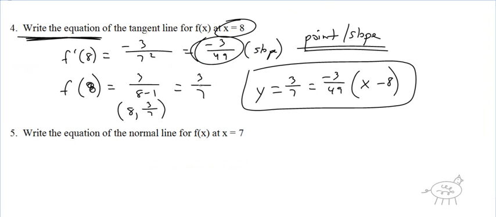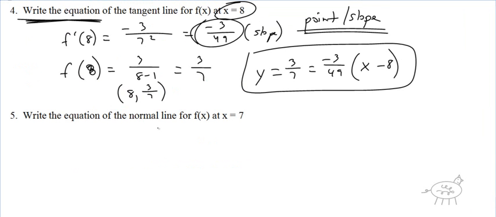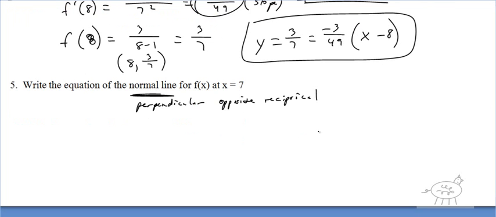All right, let's do number 5 here. Write the equation of the normal line. So what is a normal line? If you guys remember, it's perpendicular, which means the slope is the opposite reciprocal. So the first thing I need to do is find f prime of 7.